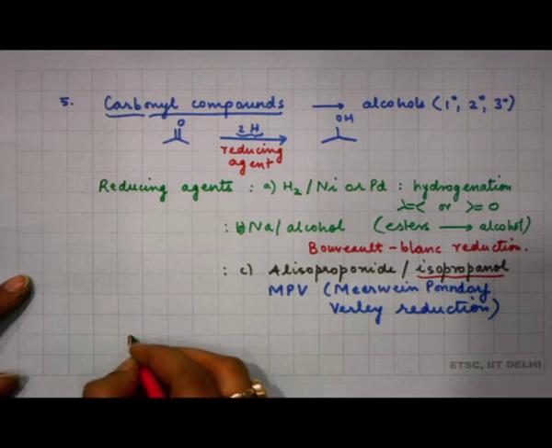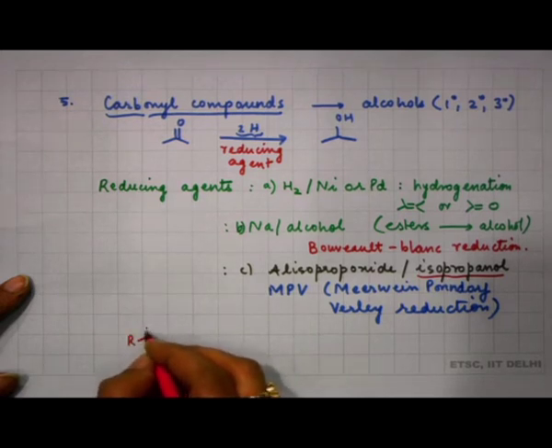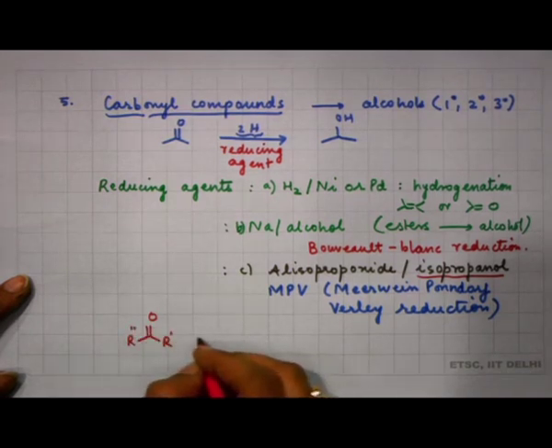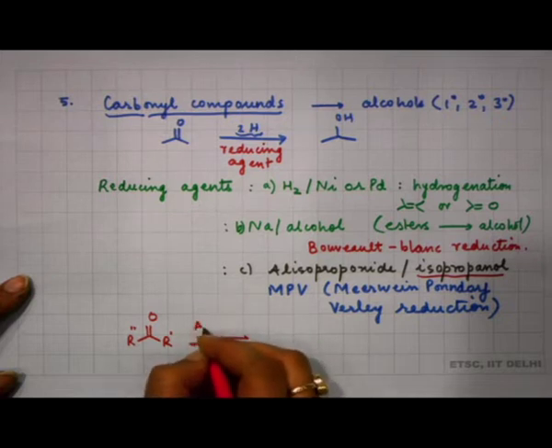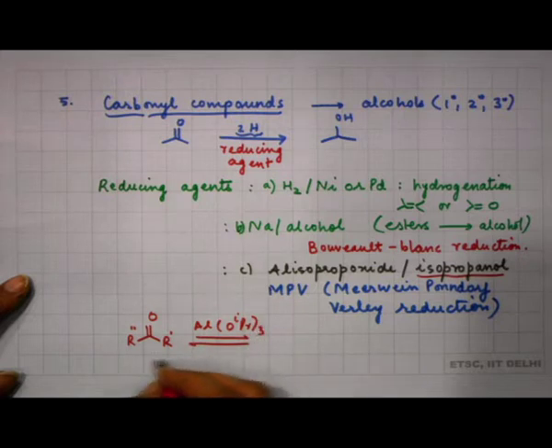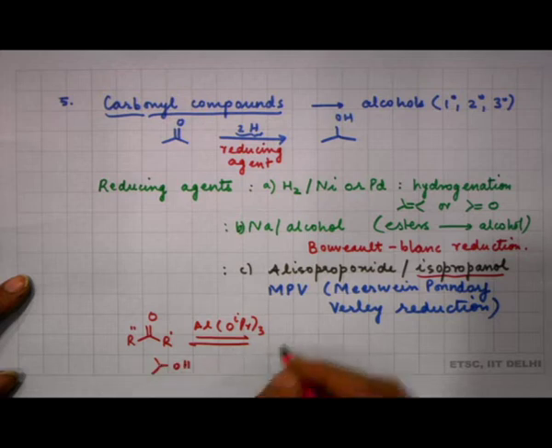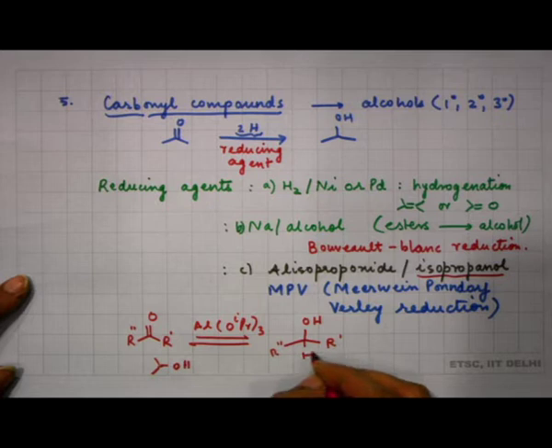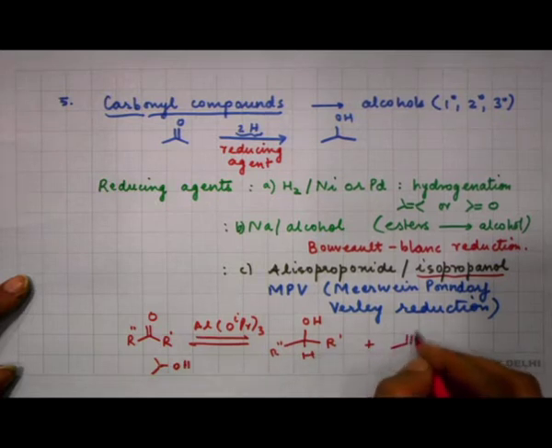So, the overall reaction is that if you start with any ketone, this is for the reduction of these ketones, you start with any ketone and you treat with aluminium isopropoxide in the presence of isopropanol. So, what you get is the corresponding reduced alcohol, along with the generation of acetone.